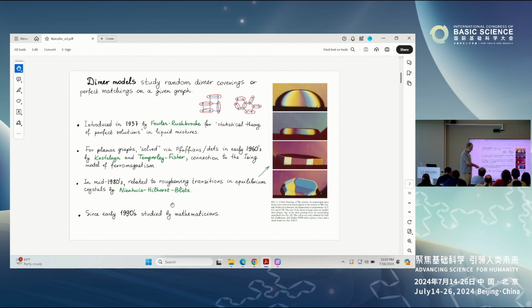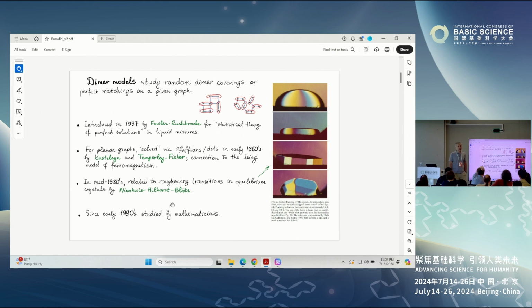Right, so I was saying that in the 1960s, statistical physicists actively studied dimer models, and they made very important contributions. In the 1980s, there was a standout paper by Nienhuis, Hilhorst, and Blöte, who suggested that dimer models have something to do with the physical phenomenon pictured on the image on the right.